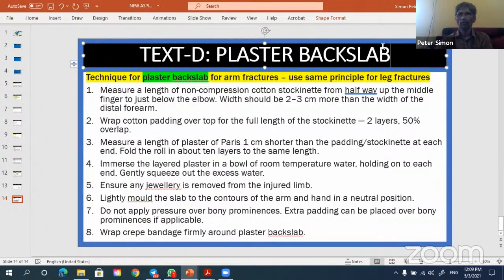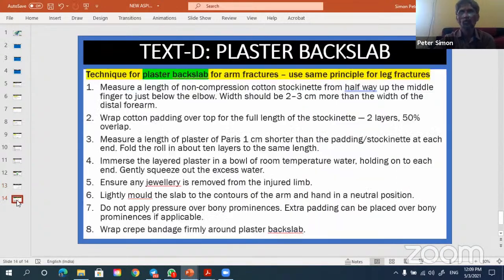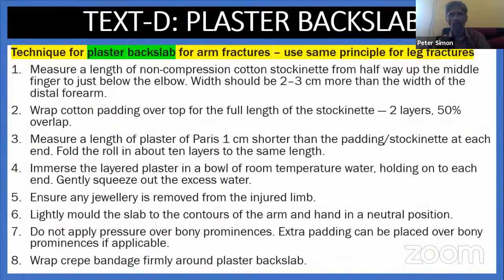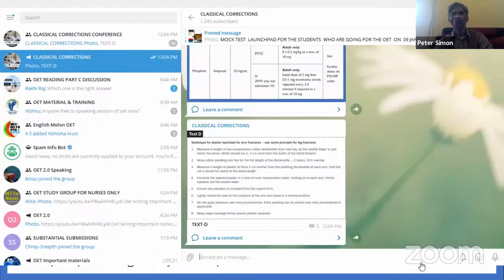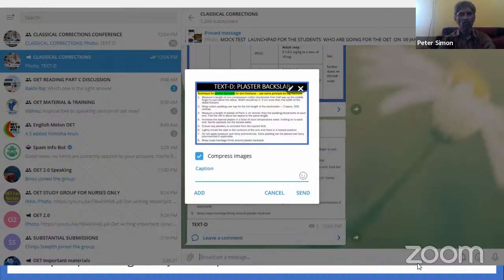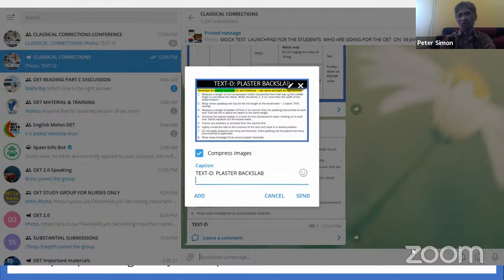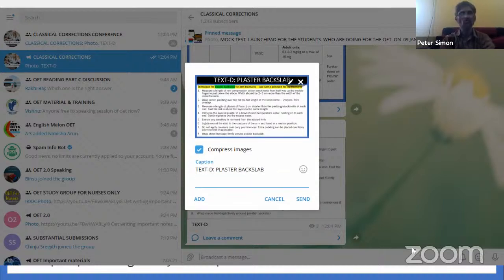Okay. So this is text D. Now we are done with the 4 texts. This is text D. It is plaster backslab, or you can say serious fractures.